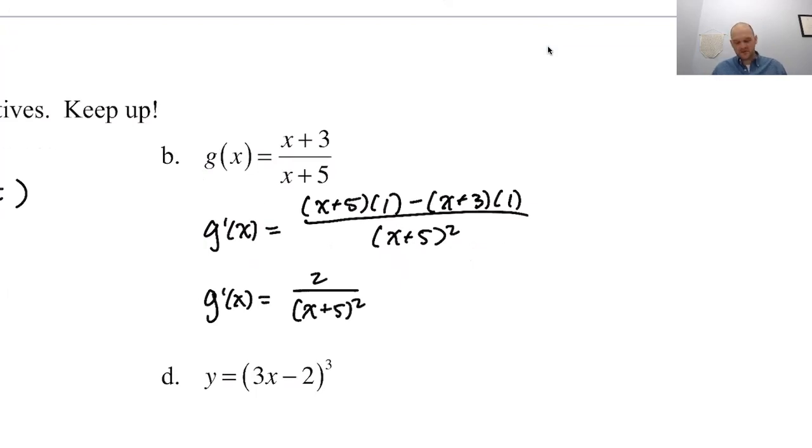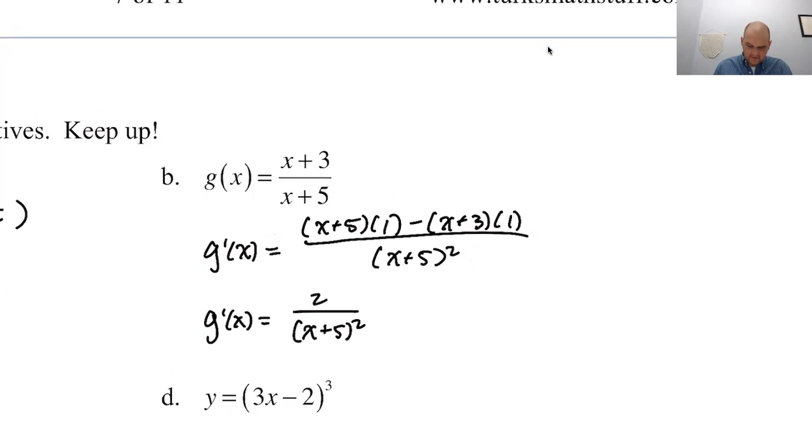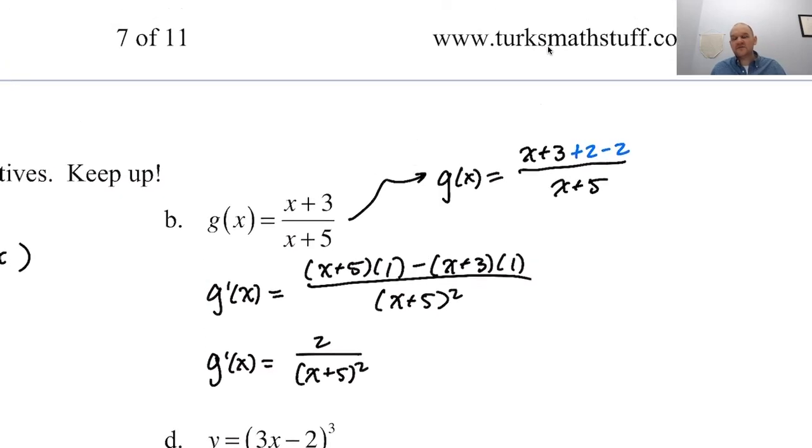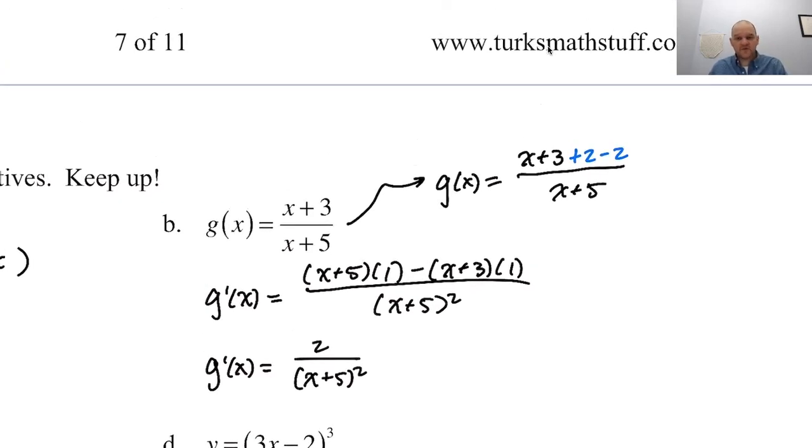So it's actually something you can do on this one that I like to do. You can rewrite g of x. What I'm going to do is plus 2 minus 2 for reasons. So I'm going to do x plus 3, and then plus 2 minus 2, all over x plus 5. When you do that, plus 2 minus 2 just simplifies to 0. So it's still the same thing, it just looks a little different.